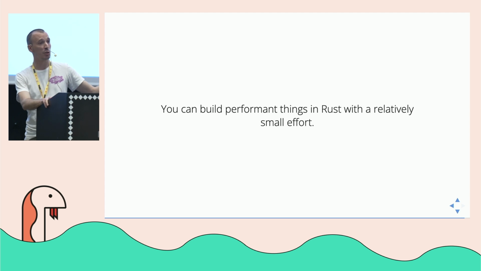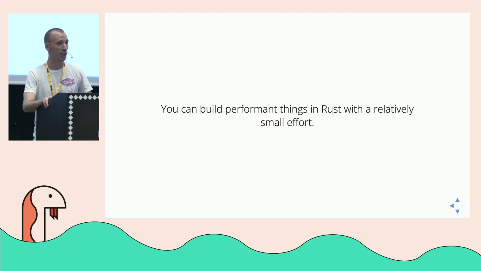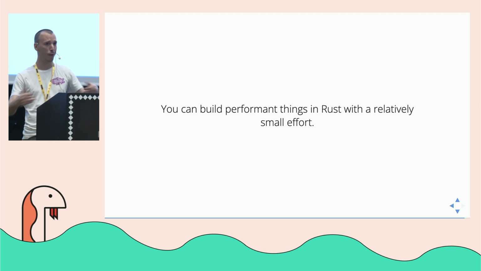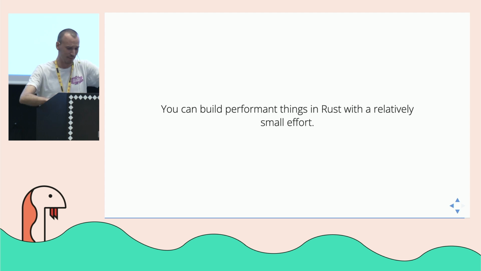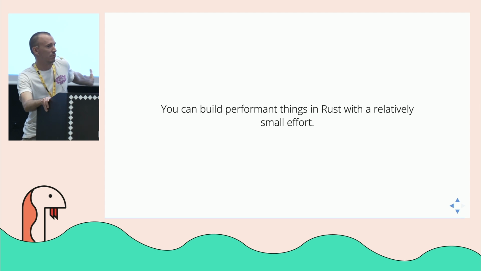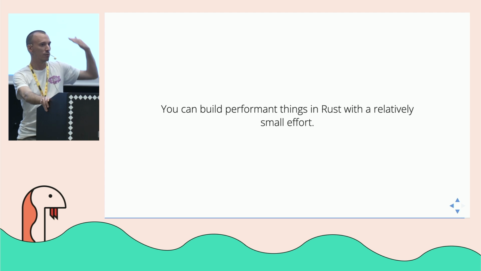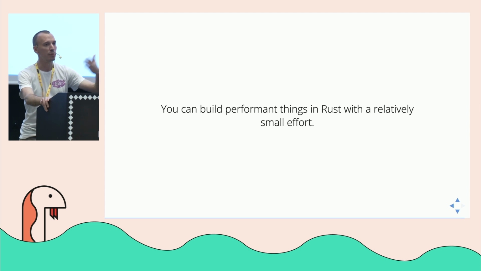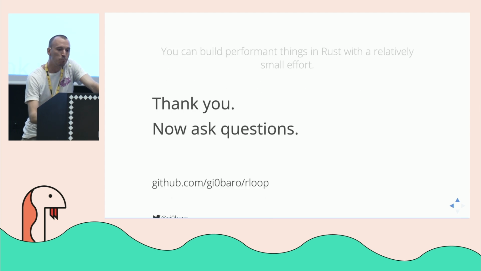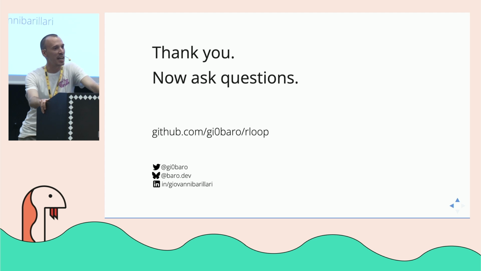Again, 0.1 is faster than the standard lib. Hey, I'm faster than the whole CPython team that made the standard loop. Okay, and in a weekend. So again, try Rust with Python because it's very easy to do performance stuff, even if you don't know anything about the language. That's it. Thank you.